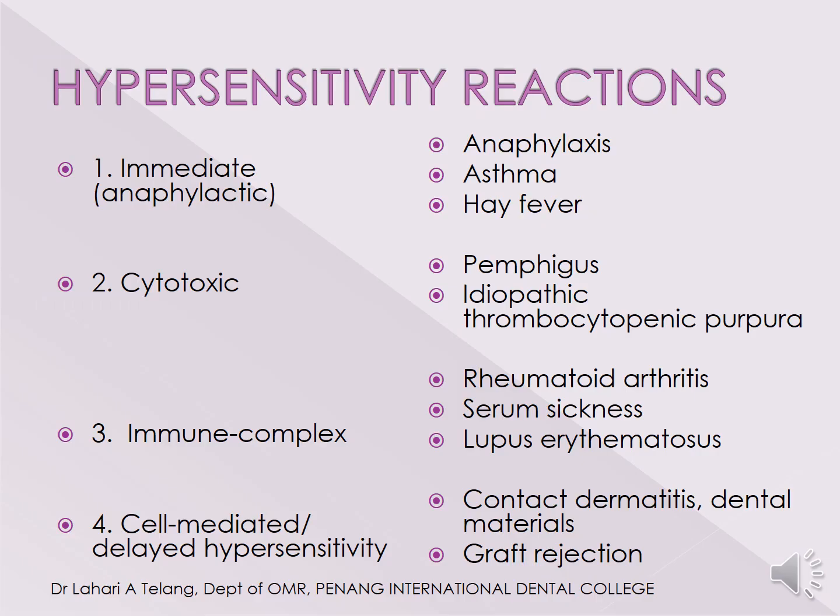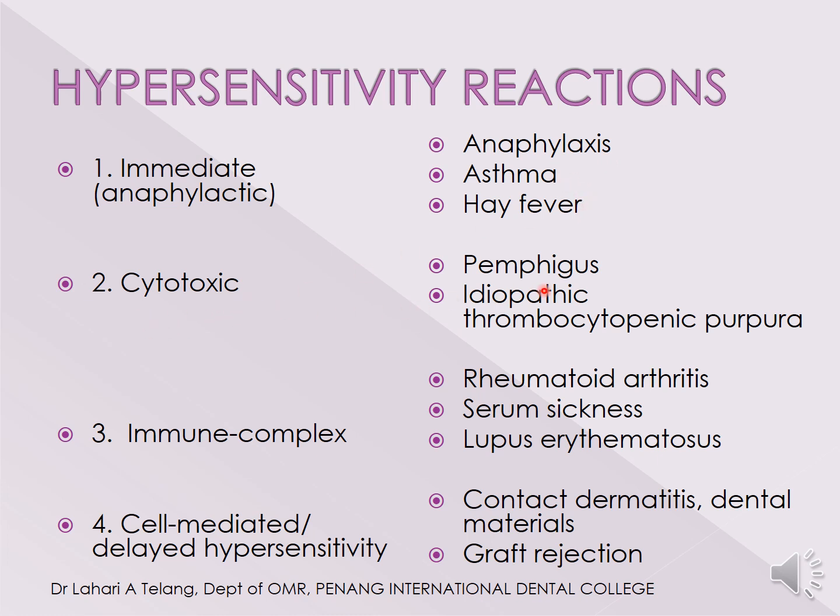Moving on to hypersensitivity reactions. We're already familiar from your general pathology and oral pathology knowledge with what hypersensitivity reactions are. They could be classified as types 1, 2, 3 and 4 for general understanding. Type 1 is immediate anaphylaxis, which could be an anaphylactic reaction, asthma, or hay fever.